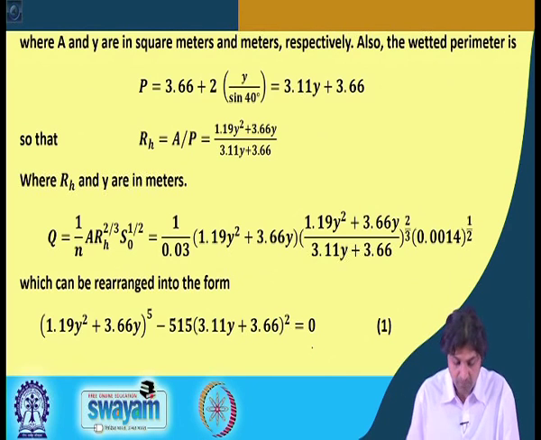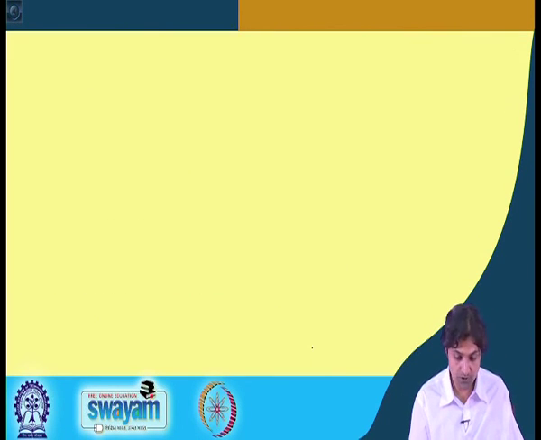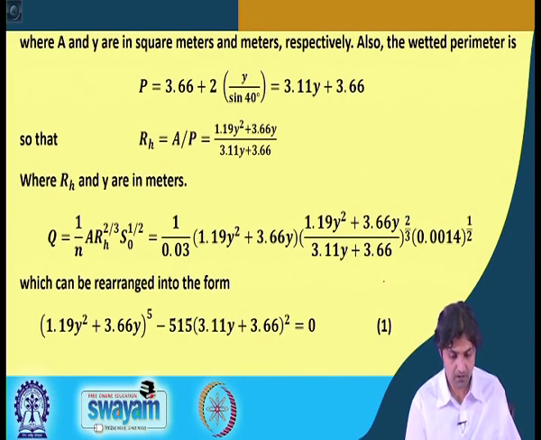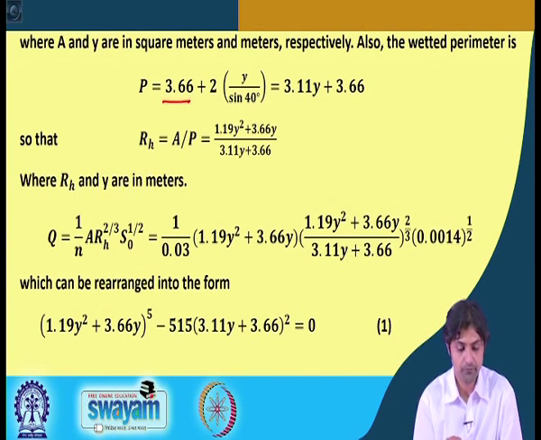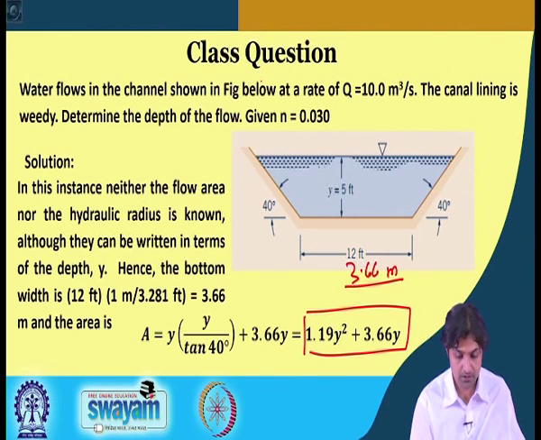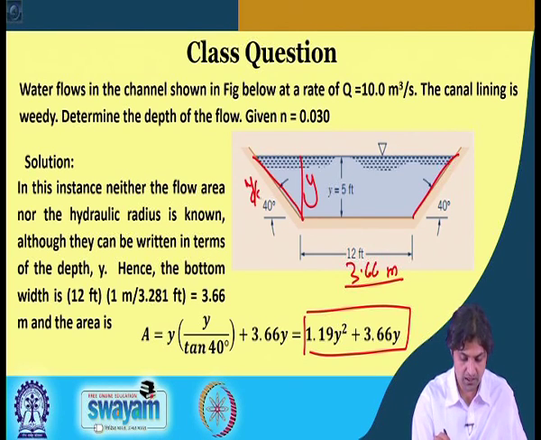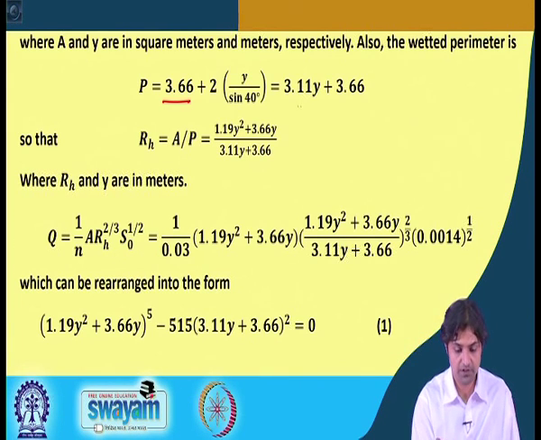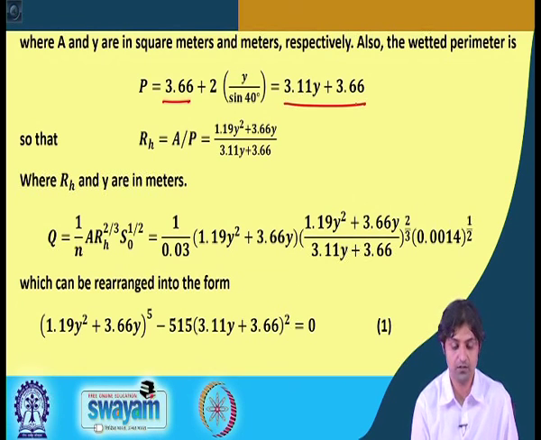The perimeter, so this length is already known, 3.66, correct, plus 2 multiplied by the slant length, because this is 1 plus 1. If this is y, this is going to be y by sin 40. And this is what we have done in terms of y. We have also written the perimeter as 3.11 y plus 3.66.